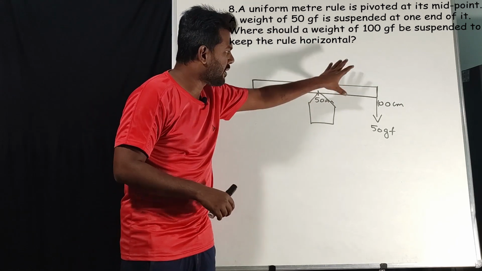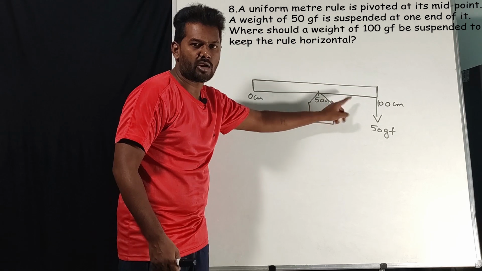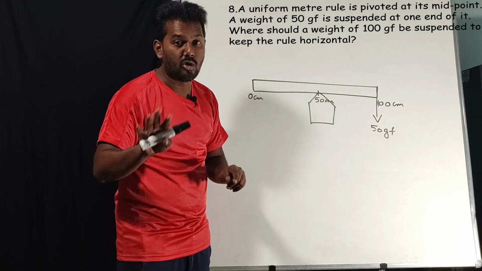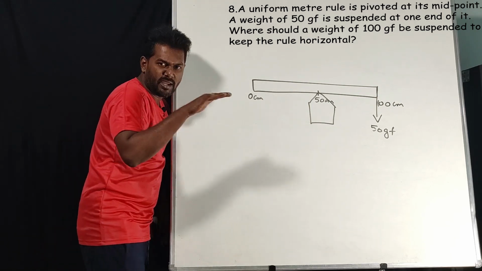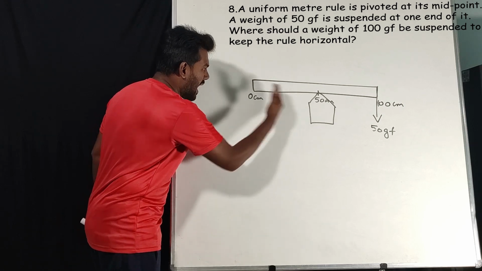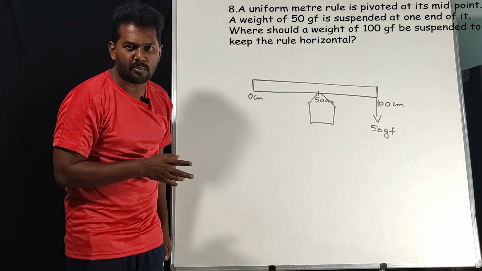Assume I am keeping one more 100 g weight somewhere here, on the same side as the 50 g weight. Do you think it is going to balance? No, it is going to fall to that side, correct? Now, to make it balance or horizontal, we have to keep that 100 g on the other side. But do we know exactly where we are placing it?